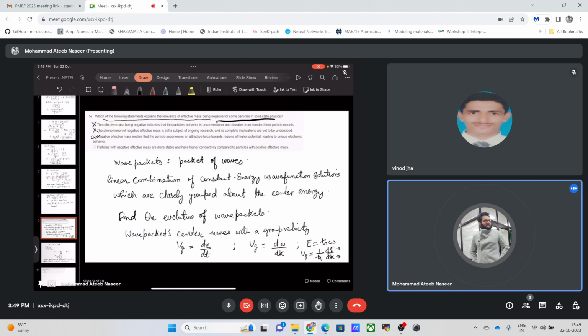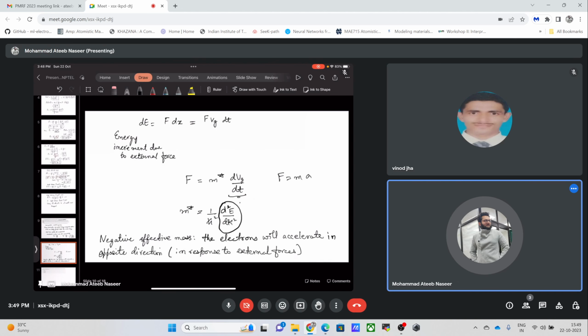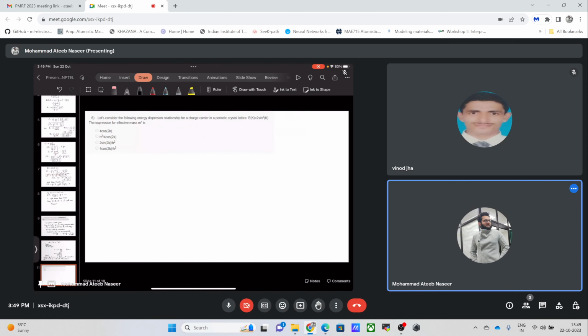So these negative effective mass particles are also called holes, and they act opposite to the electrons, so they will be attracted towards the higher potentials. Now, this is the same effective mass problem that we have been dealing with.